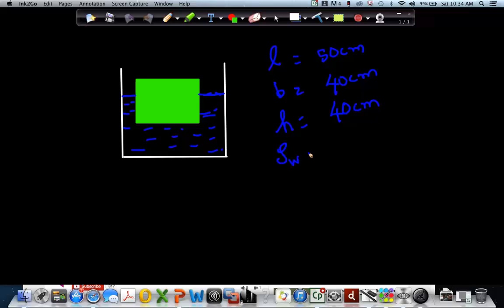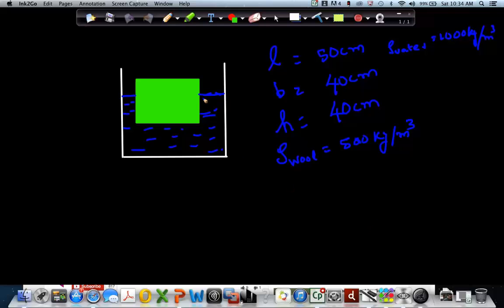Density of wood is equal to 500 kilogram per meter cube. Density of water is equal to 1000 kilogram per meter cube. Okay, this many things are given.